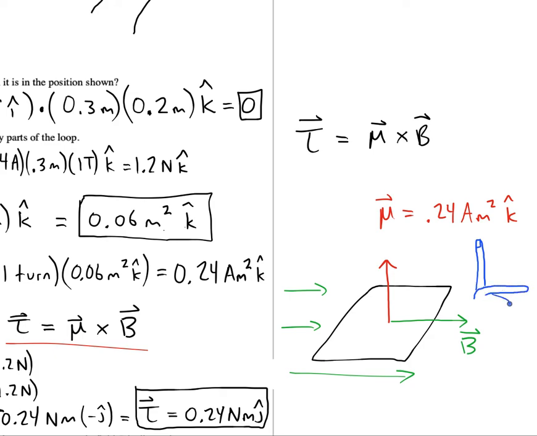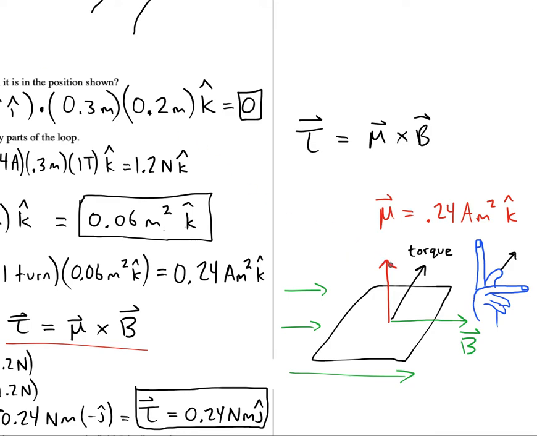And then there's some other fingers. When you do that though, your thumb points back in space. It points in this direction. So what does that mean? It means that that is the direction of torque.